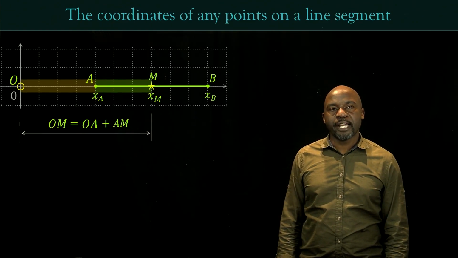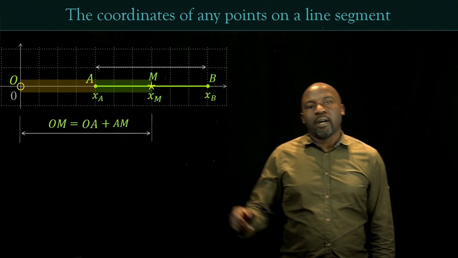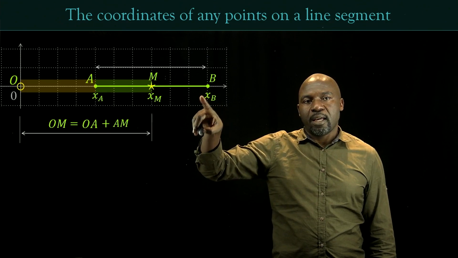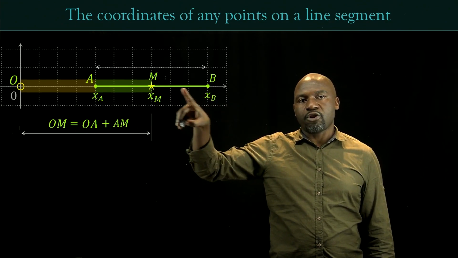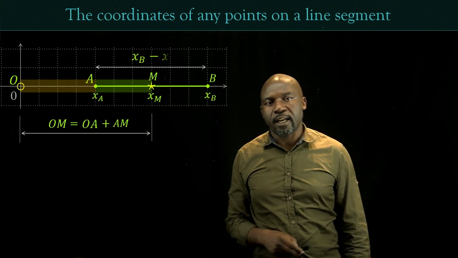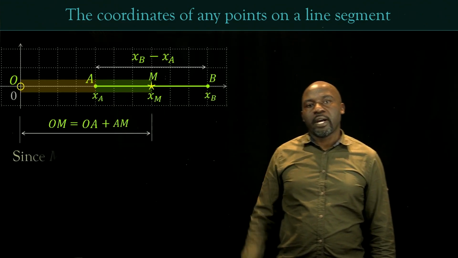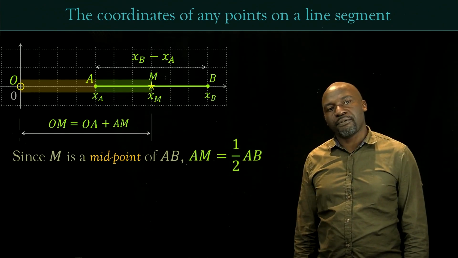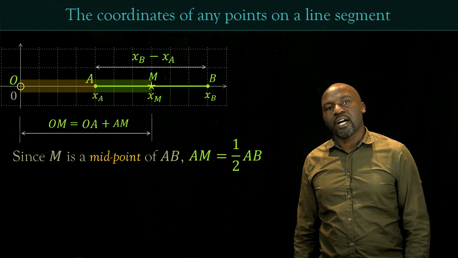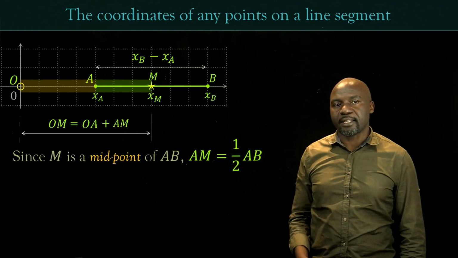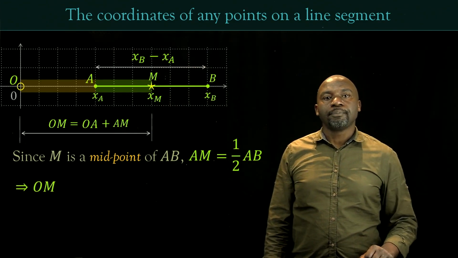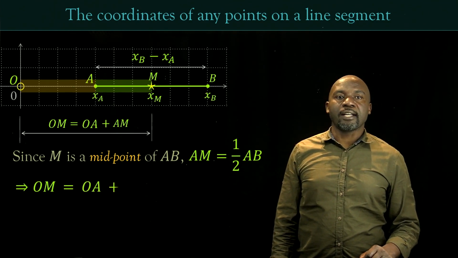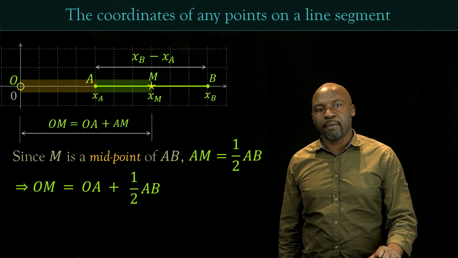Remember that the length of line AB is the x-coordinate of point B minus the x-coordinate of point A. Since M is the midpoint, AM must be a half of AB, which is a half of XB minus XA. So OM is OA plus a half of AB.